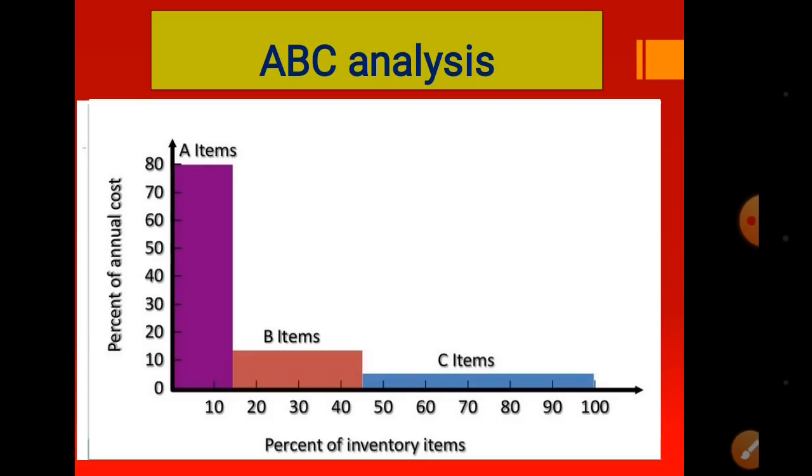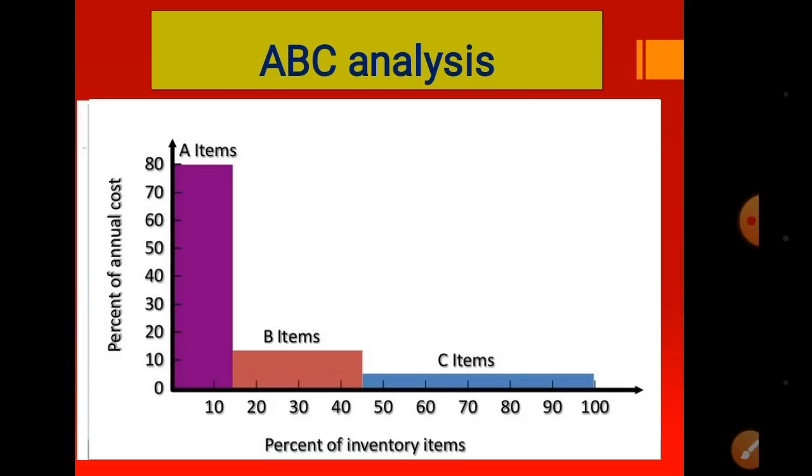In this graph we can see that the x-axis represents the percentage of inventory items and the y-axis represents percent of annual cost. For A items, the percentage of inventory items is very low, and the percentage of annual cost is high.